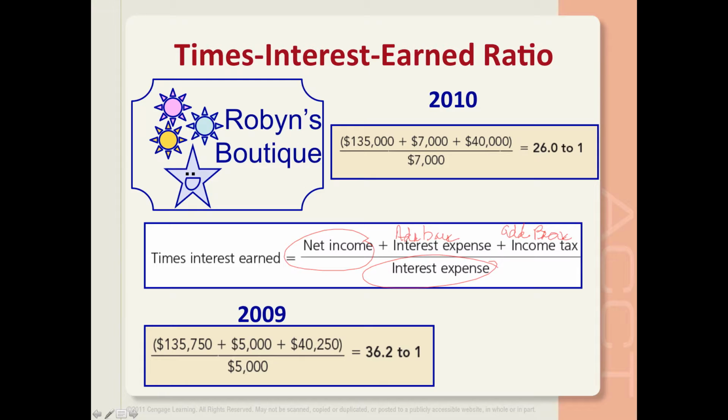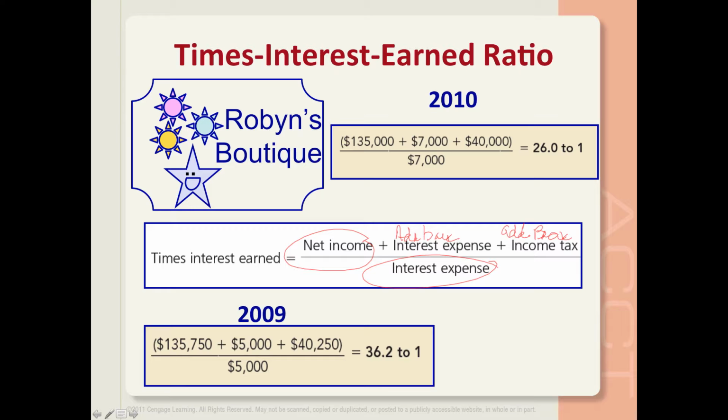So for every $1, they could pay back 36 times of their particular debt. In 2010, it went down a little bit where they can only pay 26 times to each $1 of debt. So in this particular case, the lenders would feel pretty good about loaning money to Robin's Boutique.